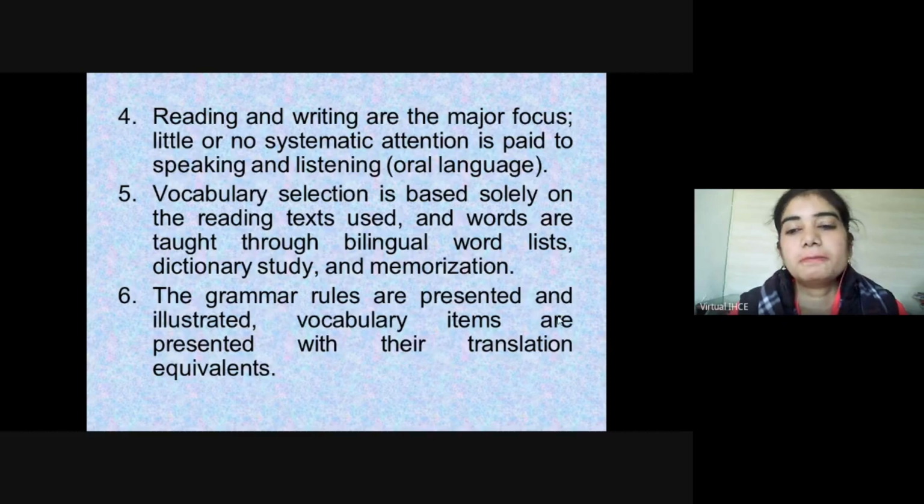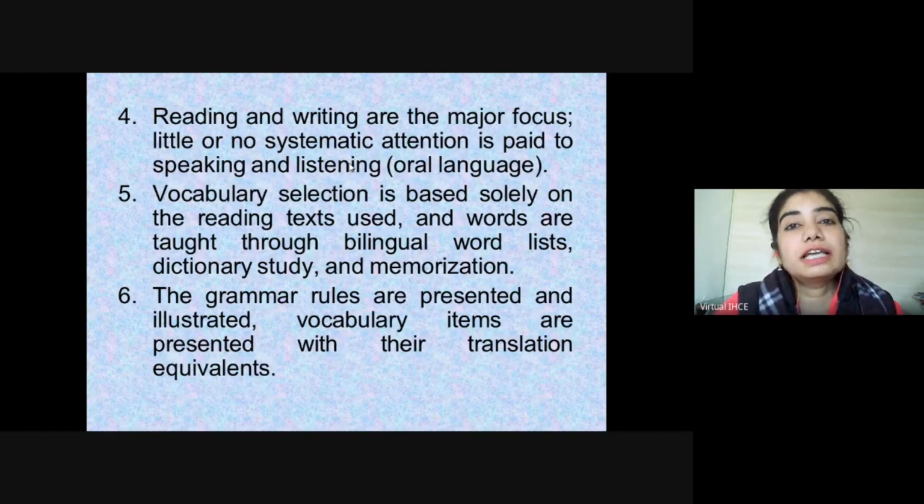The grammar rules are presented and illustrated. Vocabulary items are presented with their translation equivalents. So the grammar rules are presented and illustrated means explained. The rules are explained more, but how to use the grammar in daily life, how to make sentences with words, that is not taught.